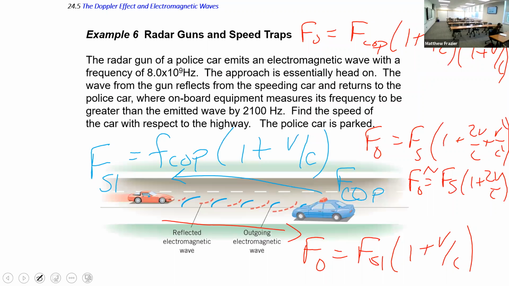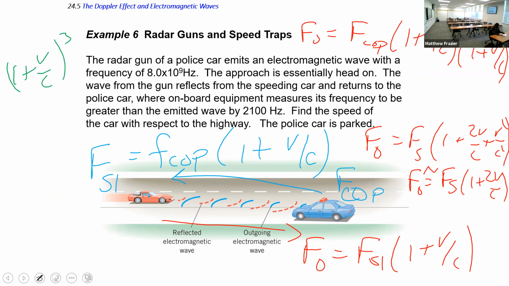So completely off to the side, it would be 1 plus V over C cubed, because you'd get 2 reflections. So if you were trying to measure the reflection off the cop car, that would be the case this happens. If it's off of a third independent thing, you got to kind of figure out the relative velocities between them.